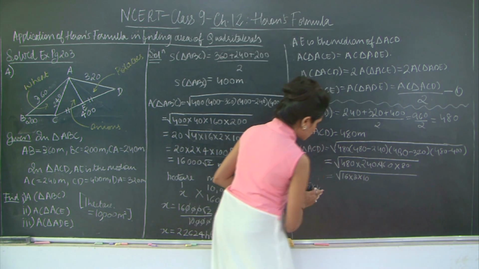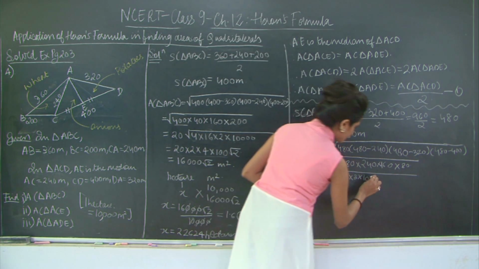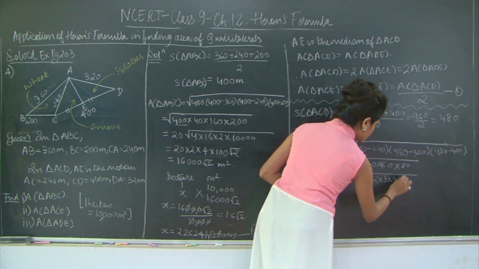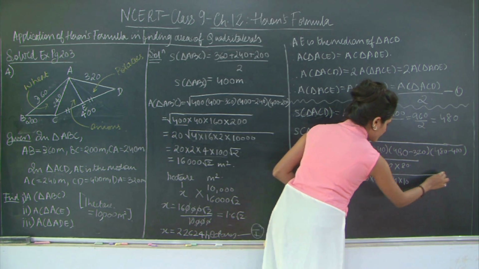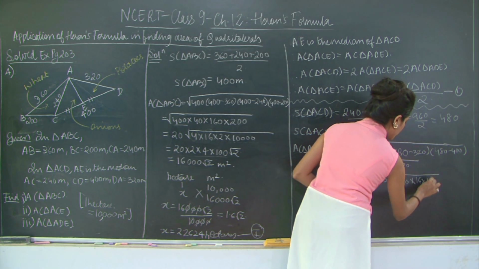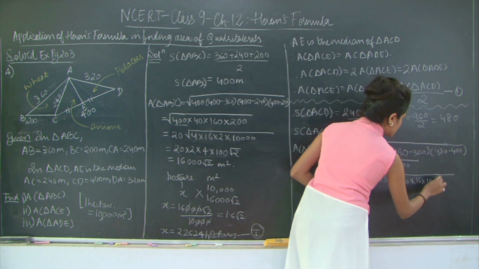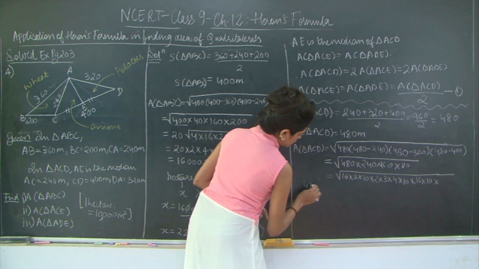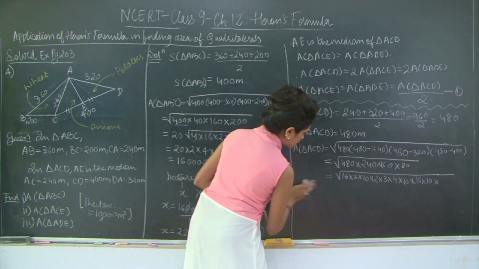So I'll write this as 2 into 3. 2 3s are 6, 6 4s are 24 into 10. Then 16, I will write it as 16 into 10 because 16 is a perfect square. And 80, we know that 80 can be written as 4 into 20.